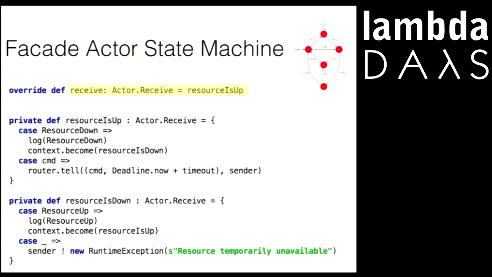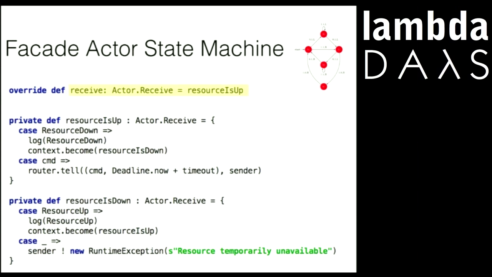Okay, let's have a look at the receive method of the Facade actor. I said that you can define the behavior of the actor by defining the receive method. But in fact, while the actor is alive, we can swap that behavior.